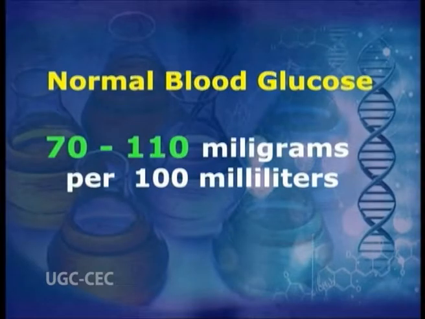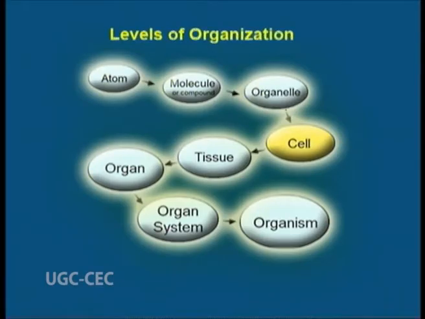For example, the level of glucose in blood normally stays between 70 and 110 milligrams of glucose per 100 milliliters of blood. Each structure from the cellular level to the systemic level contributes in some way to keeping the internal environment of the body within normal limits.